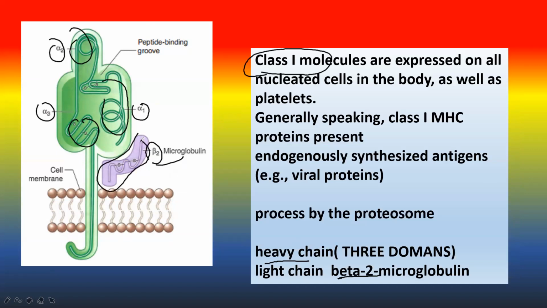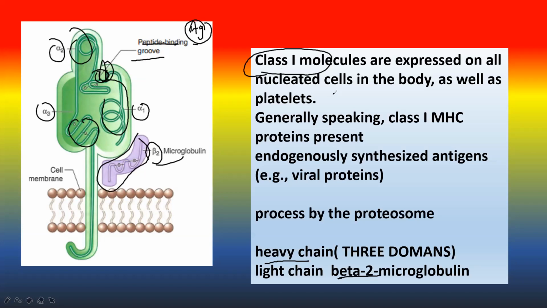This is the structure of MHC1. This area is the peptide binding groove, which means it is the antigen binding site. Here is the antigen binding site. So this is the structure of MHC1. Structure done.